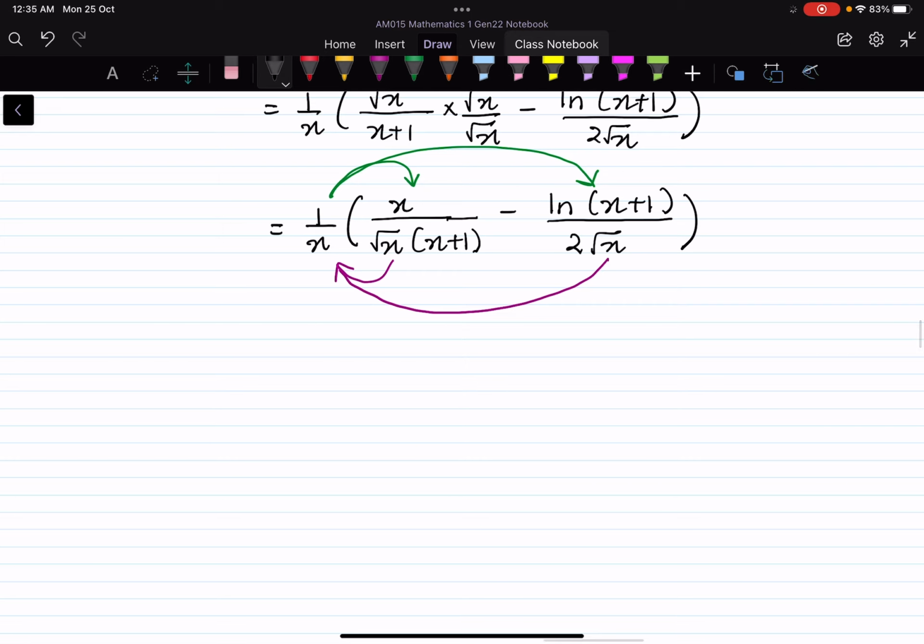So I get 1 over √x. Now I factorize 1 over √x, and if I expand, it becomes x over x times (x+1). You may think of it as exchanging it, it's almost the same thing. ln(x+1) divided by 2x.